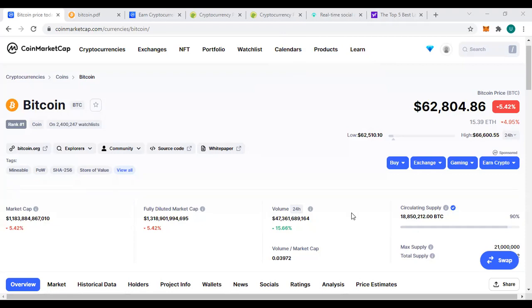Yeah, I'm actually getting 0.00000062. I said divide market capitalization by the circulating supply. It is dividing 1.183 divided by the circulating supply.